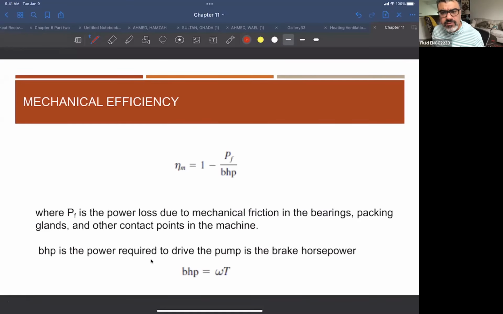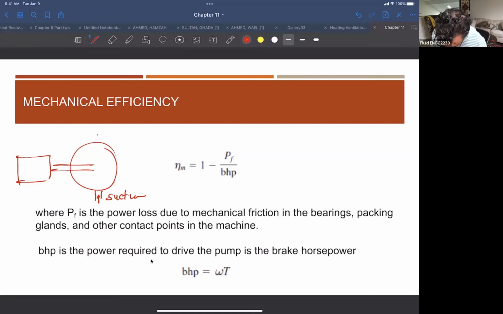Another very important efficiency is mechanical efficiency, because as I mentioned, the pump is driven by a motor. So this is suction, and this is delivery, and this is basically the motor driving the pump.